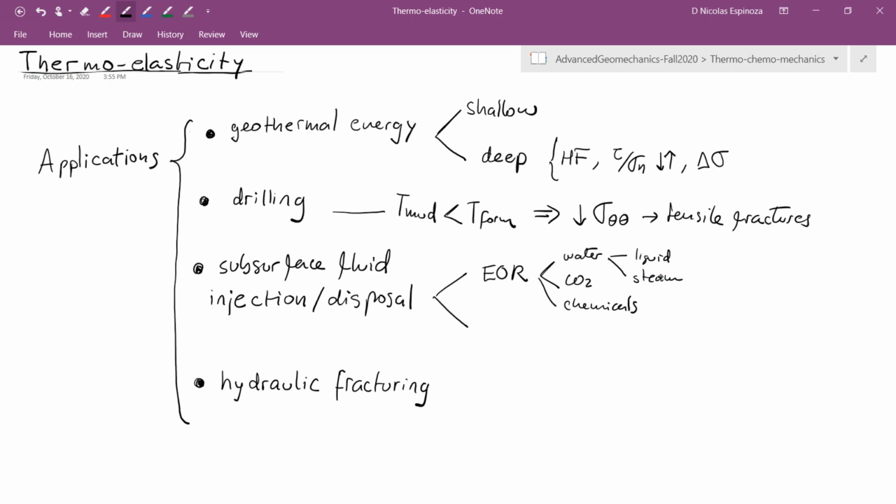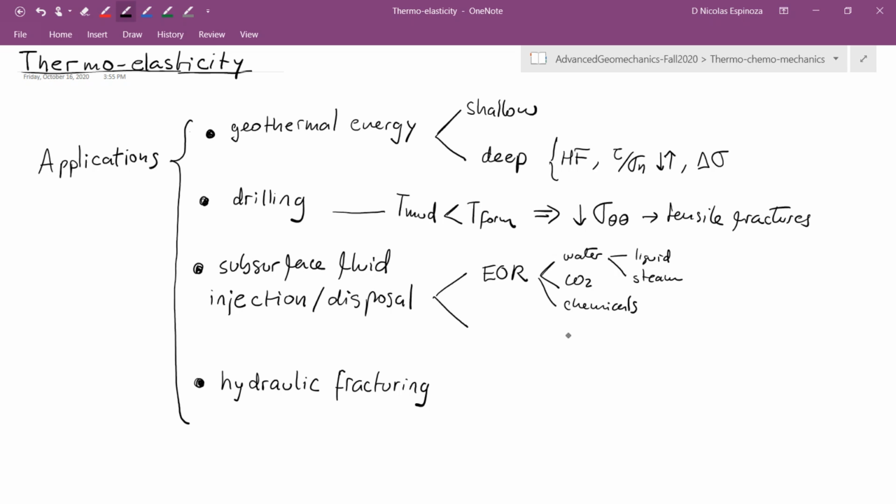This is what is done in some heavy oils in order to reduce the viscosity of the oil. So in both cases, either higher temperature or lower temperature, we're going to have to take into account these changes of stresses due to the temperature component.